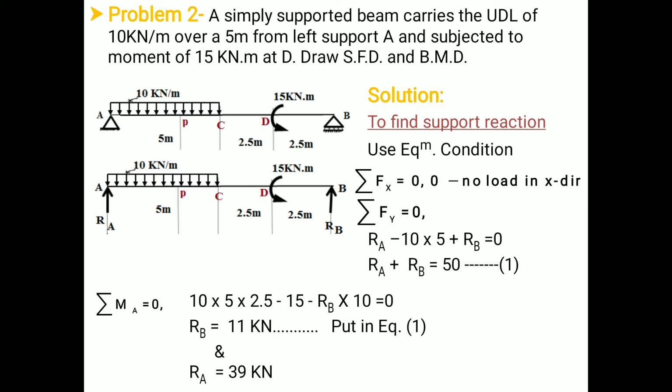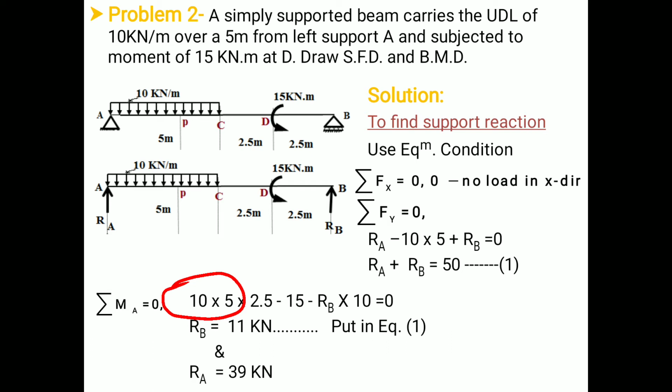The third equilibrium equation is moment about A equal to 0. If you want, you can take moment about point B also, but I am taking moment about point A. Therefore, moment about point A equal to 0 means 10 into 5 into 2.5. Here 10 into 5 is the UDL converted into a point load, and that load will act at a distance of half of the span.